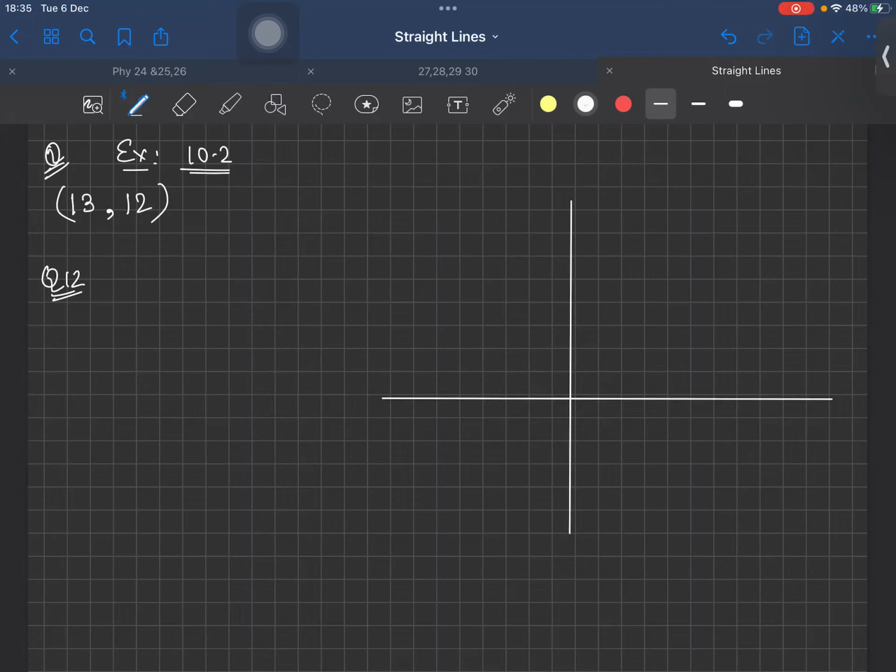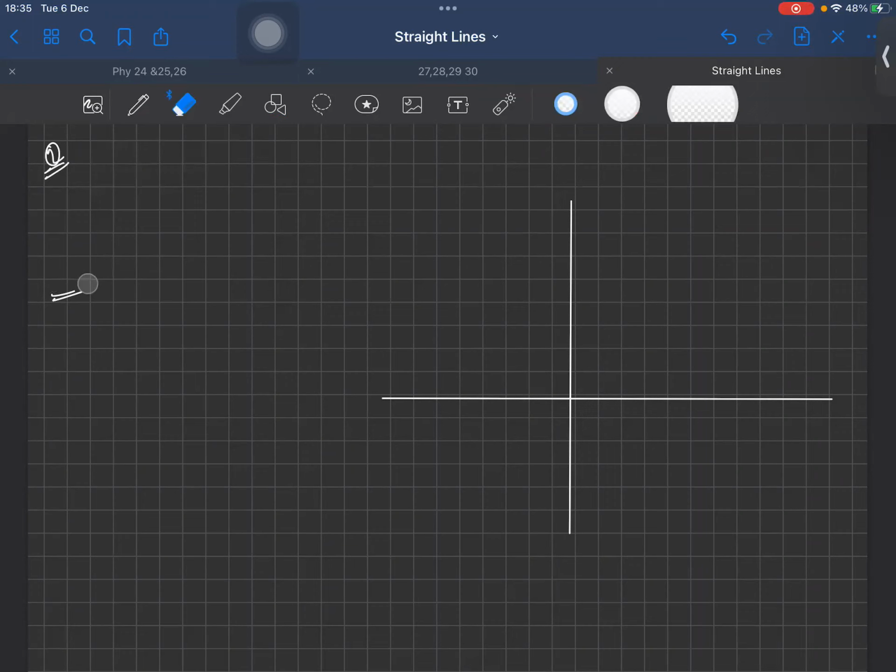Just solve this problem, leave it. Solve this problem, x, y.